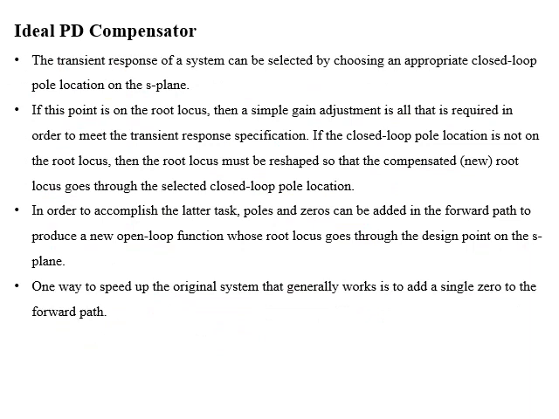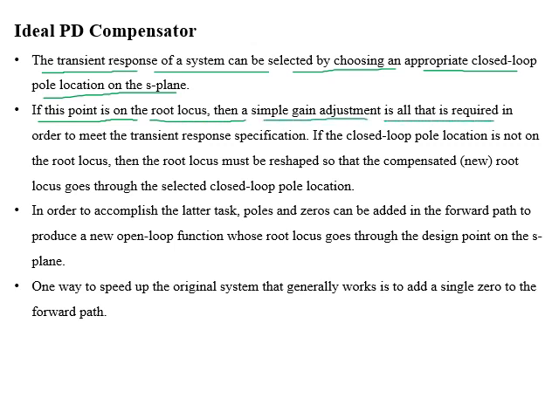Dear students, now we will study ideal PD compensator. The transient response of a system can be selected by choosing appropriate closed loop pole location on the S-plane. If this desired point is a part of root locus, then with simple gain adjustment, we can achieve the required transient response specification.